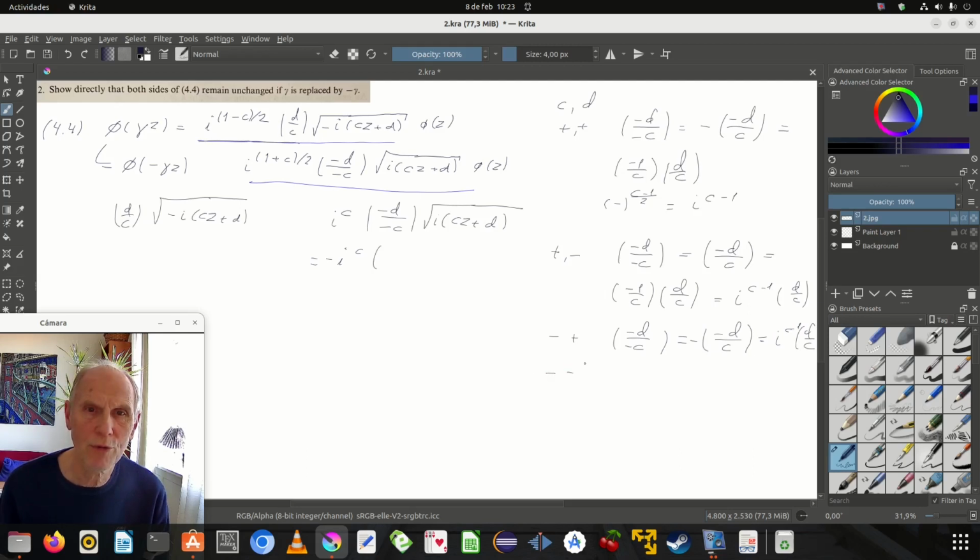And when they are both negative, there's something I don't understand here. It's right. Well, minus d over minus c, they are both positive, but over here they are both negative.